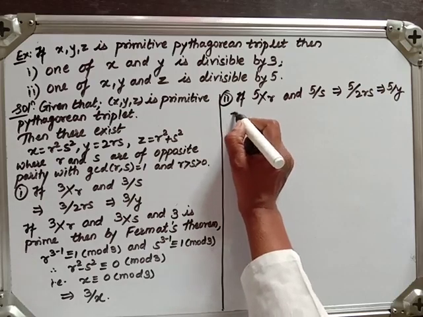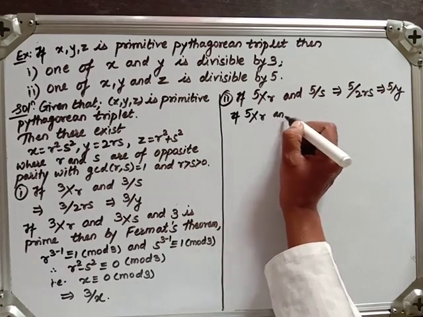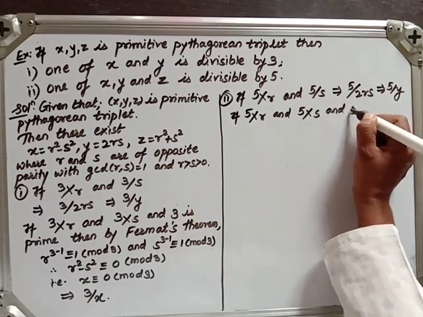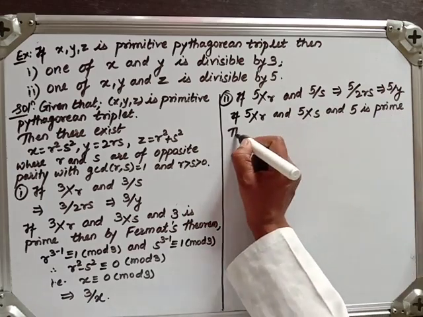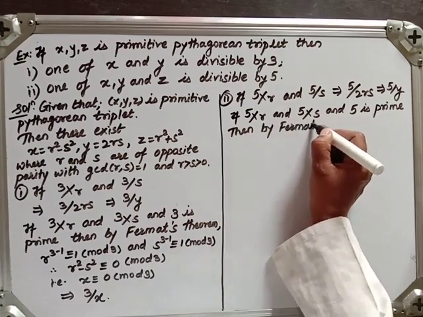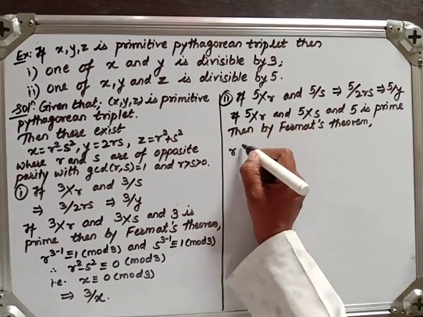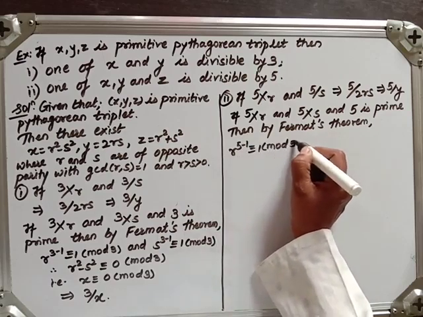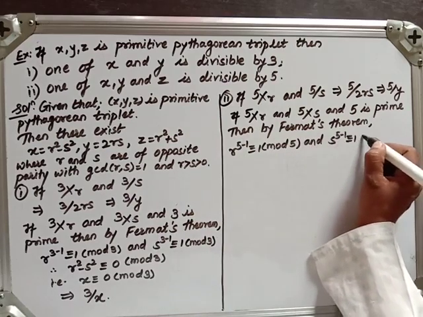Now, if 5 doesn't divide r and 5 doesn't divide s and 5 is prime, then by Fermat's theorem, r raised to 5 minus 1 is congruent to 1 modulo 5 and s raised to 5 minus 1 is congruent to 1 modulo 5.